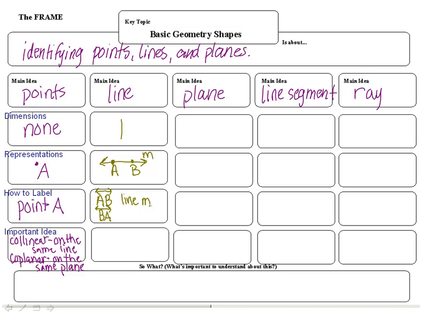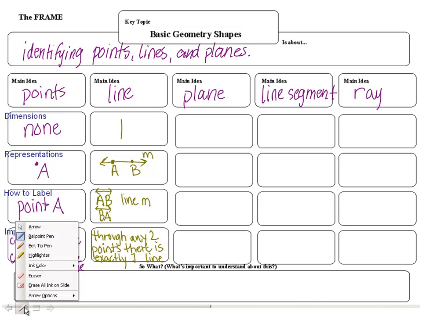We would not say line A or line B, only line m. Key thing here, an important idea, is through any 2 points, there is exactly, so no more, no less, exactly 1 line.